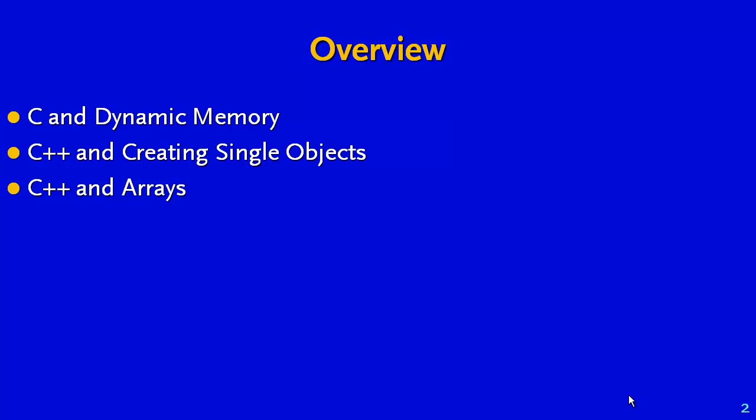So there are two ways to create memory, or two types of objects. Single objects, for example. So you want to create a single object on the heap and delete it, and also creating arrays. Now we've got good news and bad news. The bad news is you have to learn all the ins and outs of pointers.